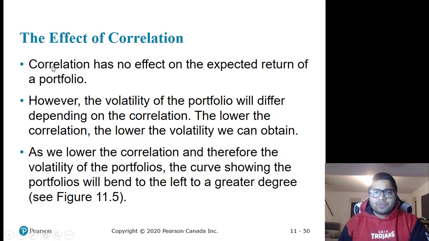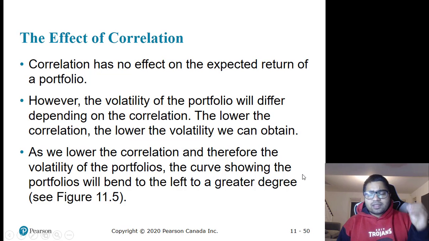Effect of correlation: correlation has no effect on the expected return of a portfolio. However, the volatility of a portfolio will differ depending on the correlation. The lower the correlation, the lower the volatility we can obtain. As we lower the correlation, and therefore the volatility of portfolios, the curve showing the portfolios will bend leftward to greater degrees.